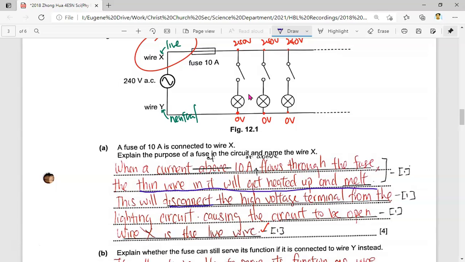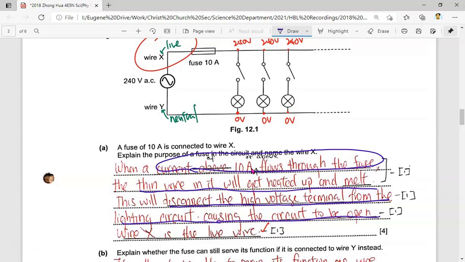Second thing is it disconnects the high voltage terminal from the lighting circuit, causing the circuit to be open. So this is the second mark over here. And the last one is this idea of a current being too high. So that's the 3 parts over here. Current being too high says when does the fuse activate?